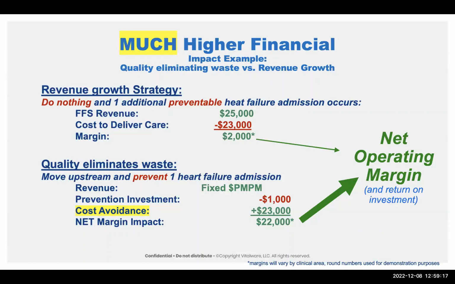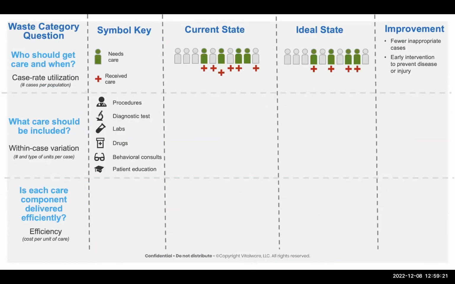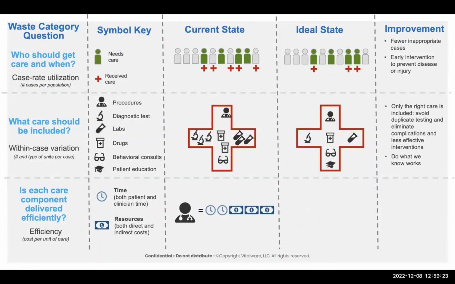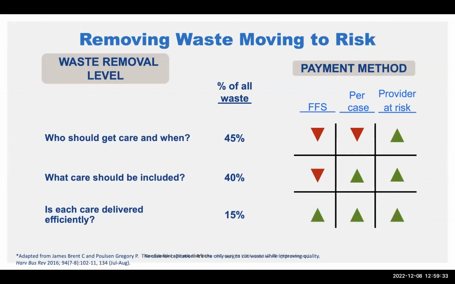So if we go back to that grid, we see that we have taken care of all of the aspects: when the care should be gathered, what should be included, and is it done efficiently. We've moved more to the provider at risk. When the provider takes more risk, then they actually make more money.